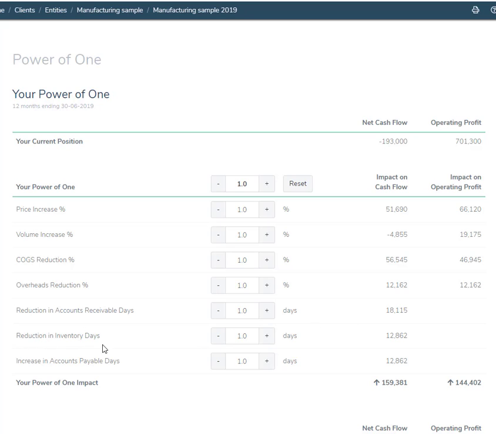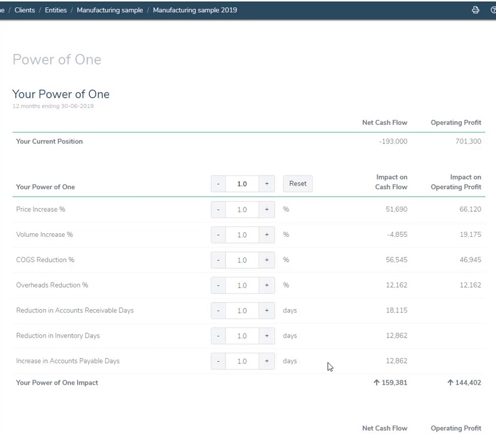And then reduction in inventory days. This is how long our inventory is sitting on the floor or in the storeroom. And then if we can increase the amount of time that we have to pay the people we owe money to, that will also increase the cash in our pockets.